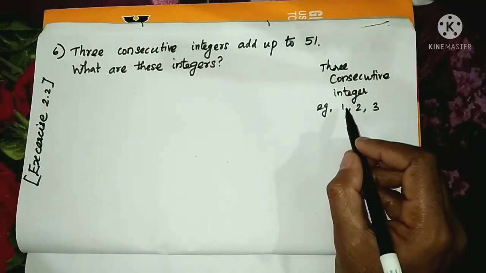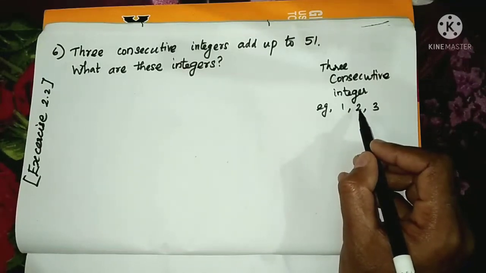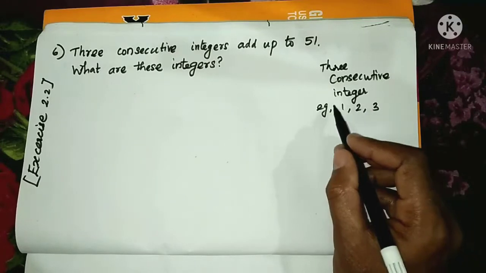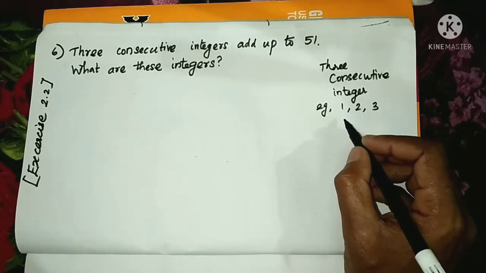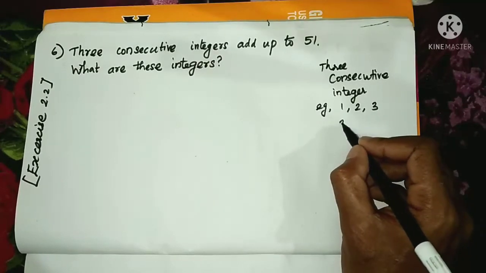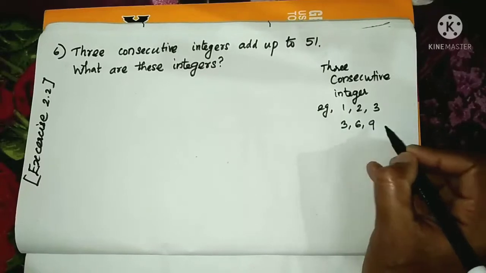Consecutive means the very next multiple of a given number. Three consecutive multiples of 3 means 3, 6 and 9.